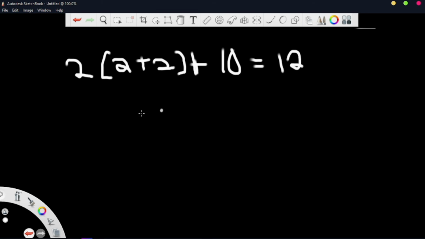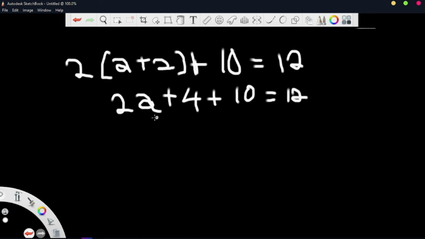If I want to solve this, my 2 will just multiply everything that's in the bracket. So I'll have 2 times a, which is 2a, 2 times 2, which is 4, plus 10 is equal to 12. So I'll have 2a, and 4 plus 10, 14, is equal to 12.